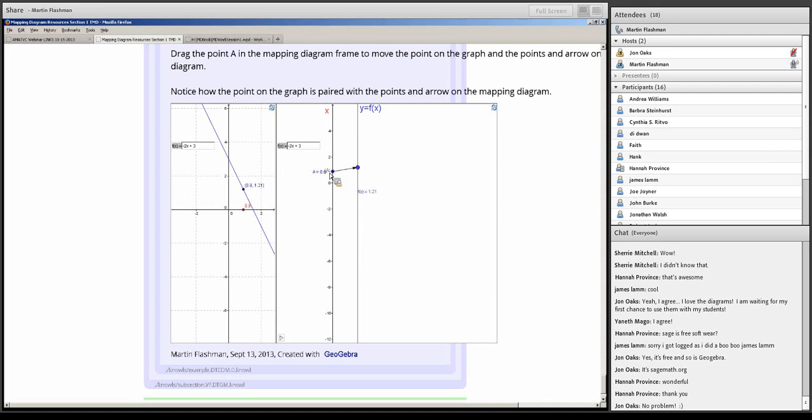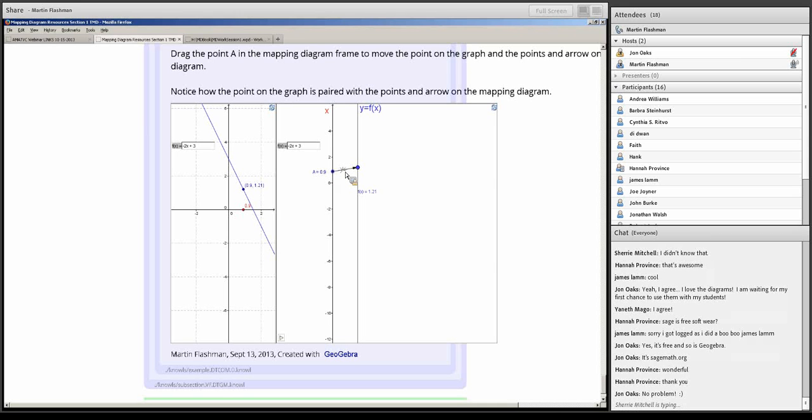And if I put a trace on the point here and move it, you see a rather nice feature, which is really kind of remarkable, especially when your students discover this on their own. And that is that all these arrows on the mapping diagram pass through one single point, the same point.